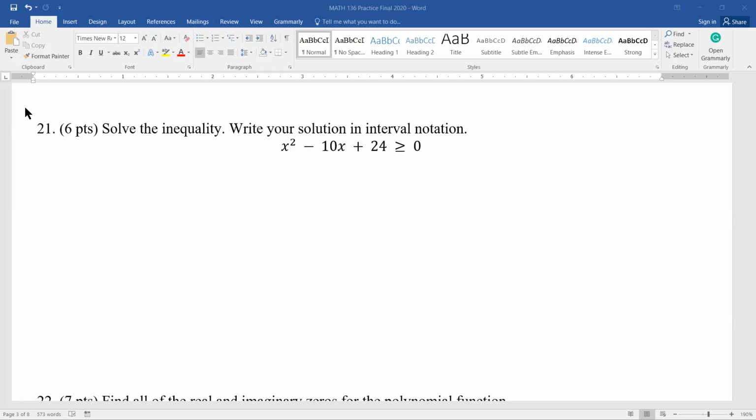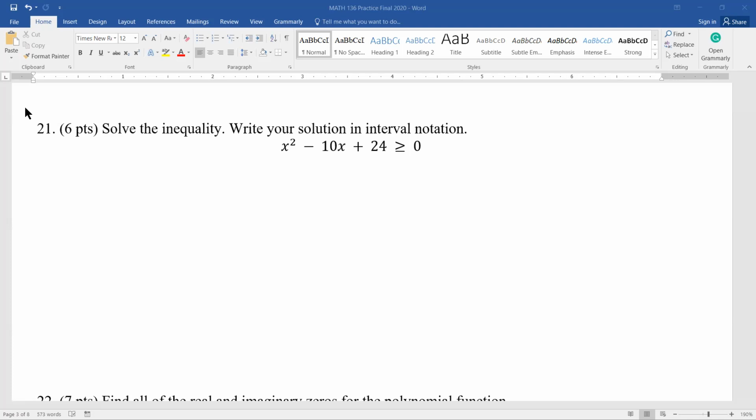For the first one, I'm going to check 0 because 0 is to the left of 4. So when I check 0, I'm going back to the original equation and plugging in 0. So 0 squared is 0, 10 times 0 is 0. So really this boils down to, is 24 greater than or equal to 0? Well, yes. So that interval is going to be part of our answer.